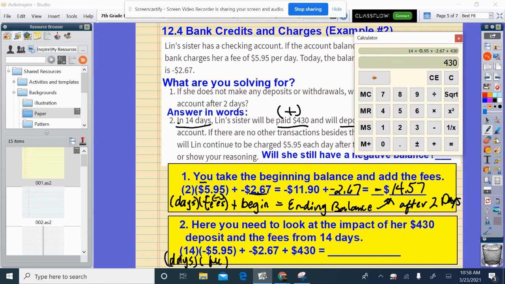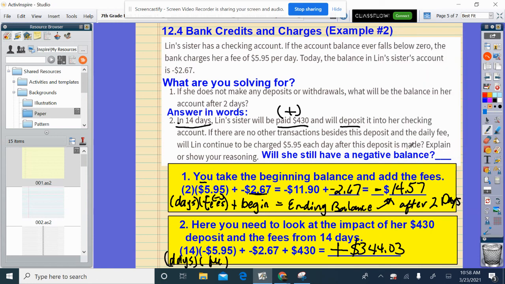You can see right there in my calculator, everything I have down here, I've got right here: 14 times negative $5.95 plus negative $2.67 plus $430. Her ending balance will be a positive $344.03. So will she be charged? No, after this payment, she will not be. And will she still have a negative balance? No.